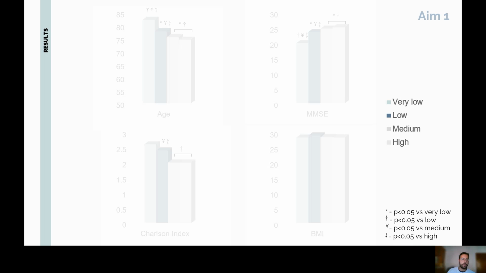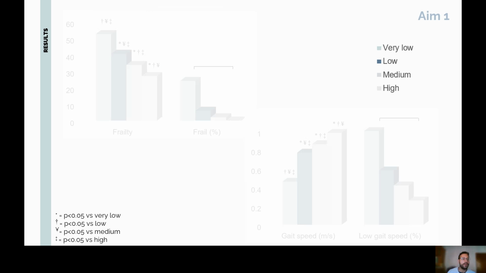They had fewer comorbidities, in this case just compared with the low muscle power groups. However, there were no differences in BMI. Additionally, those with a higher muscle power were less frail, according to the Frailty Trait Scale, and they had a lower percentage of frail according to the Frailty syndrome of Fried.